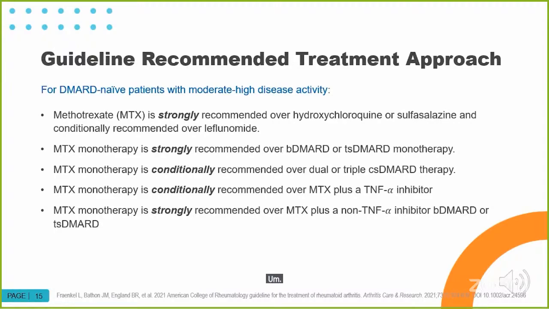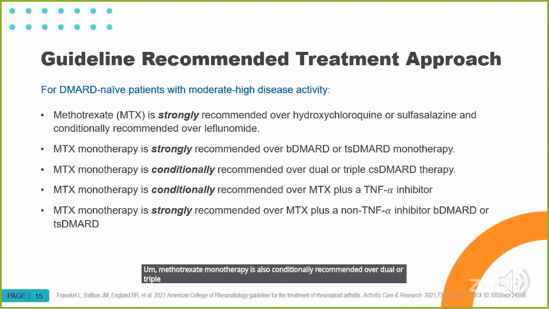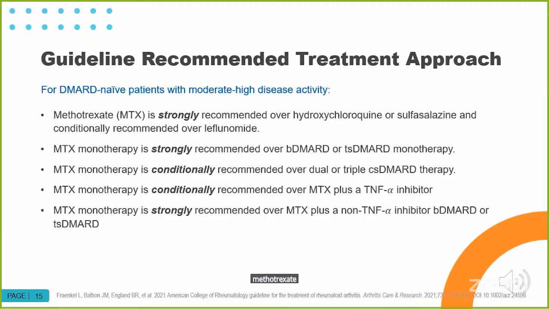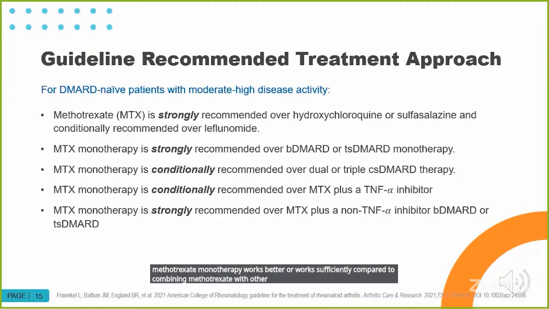Methotrexate monotherapy is also conditionally recommended over dual or triple therapy of a combination of conventional synthetic DMARDs. So what the statement says is that methotrexate monotherapy works sufficiently compared to combining methotrexate with other conventional DMARDs, such as combining it with hydroxychloroquine or sulfasalazine.